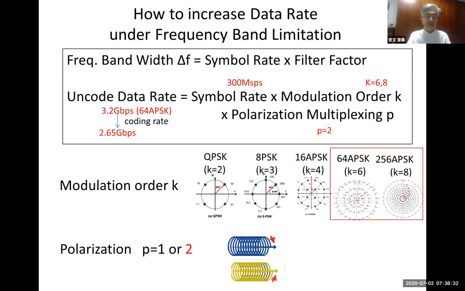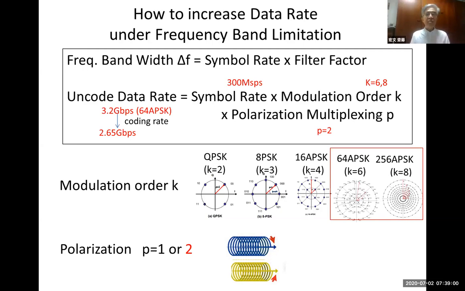And in addition to such a modulation scheme, we can use polarization channel, P equal 1 or 2, the right-hand circular polarization wave or left-hand circular polarization wave. So we can make the bit rate double.